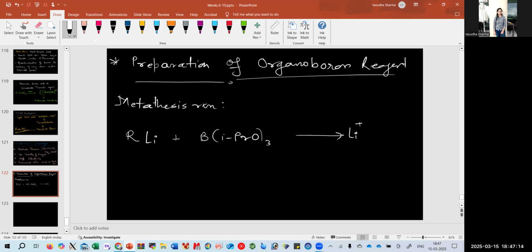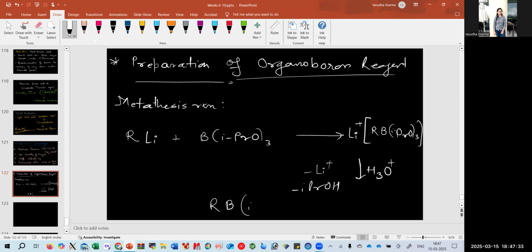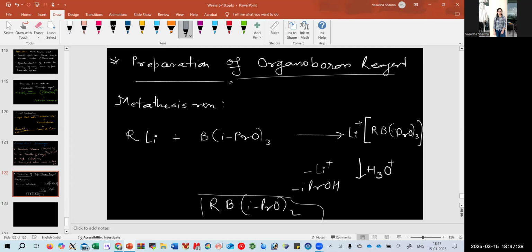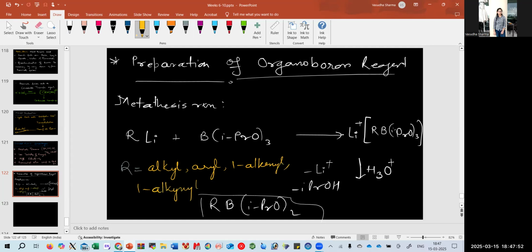It would form Li positive, giving you R-B(OiPr)3. And when it is being acid hydrolyzed, it would release your lithium positive, it would release isopropanol and would form RB(OiPr)2, where your R can be alkyl, aryl, 1-alkenyl, or 1-alkynyl, like a double or triple bond.